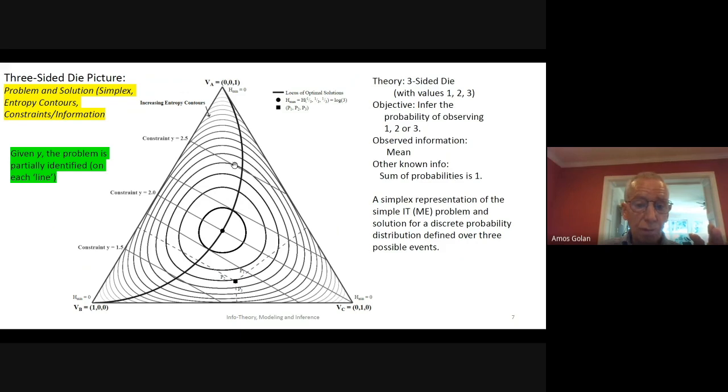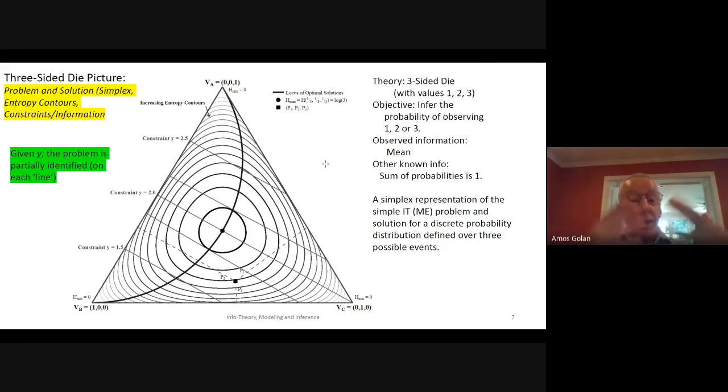As you go far away, the entropy decreases. For example, here the entropy will be exactly 0, because here we come to a perfect certainty. At this point, for example, or this point, the entropy is 0 because there is no uncertainty.